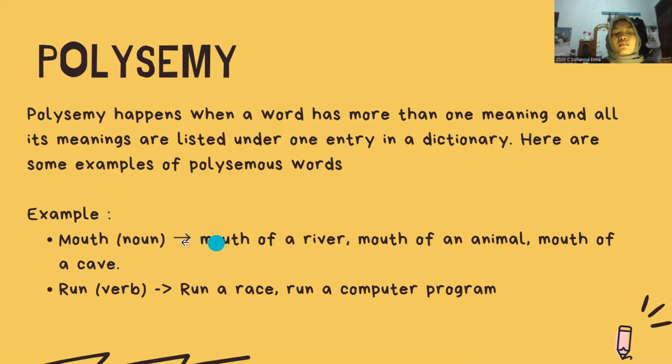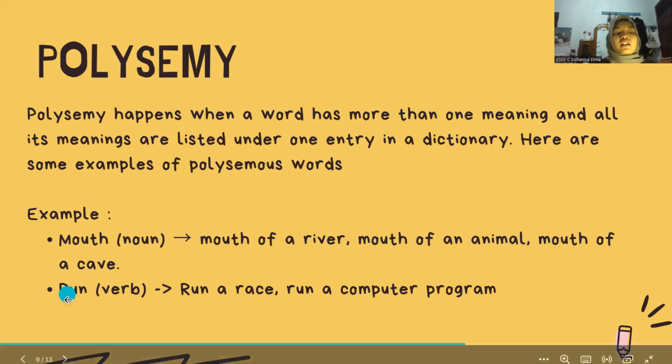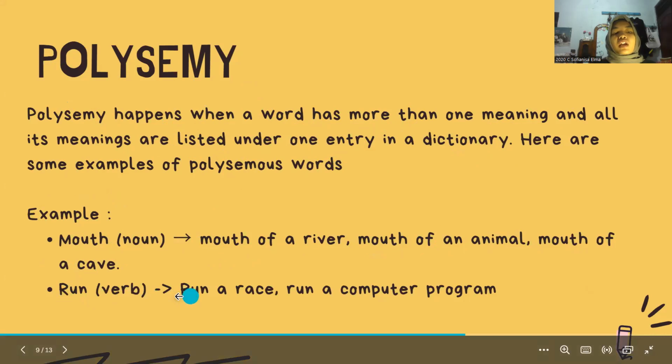Mouth can mean the mouth of a river or mouth of an animal or mouth of a cave. Like run, we can know the meaning with run a race or run a computer program. Like that.